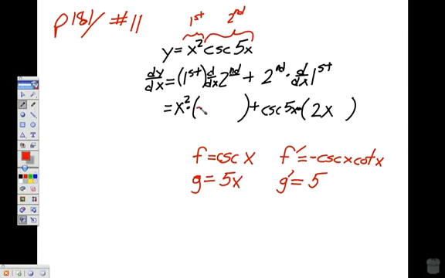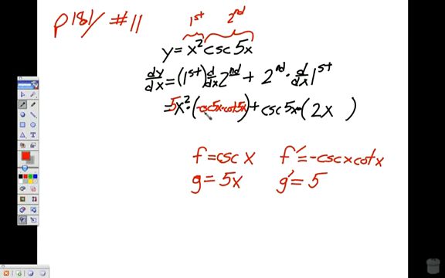So negative cosecant of 5x times cotangent of 5x. And then we've got to multiply this all times g prime, which is 5. I'm going to stick that out front here. And so this right here should be our derivative.